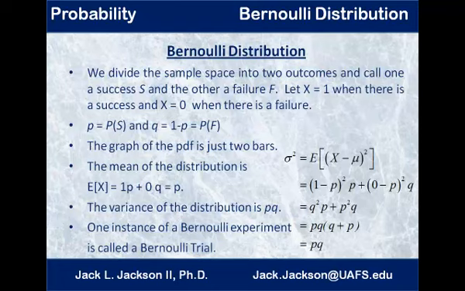So we have (1 minus P) squared. First of all, remember mu is P, so we can substitute P in place of mu, and we're substituting 1 in place of x, and then we multiply that by the probability of 1, which is P. Plus, now we put in 0 for x, 0 minus mu is 0 minus P, squared, times the probability of 0, which is Q.